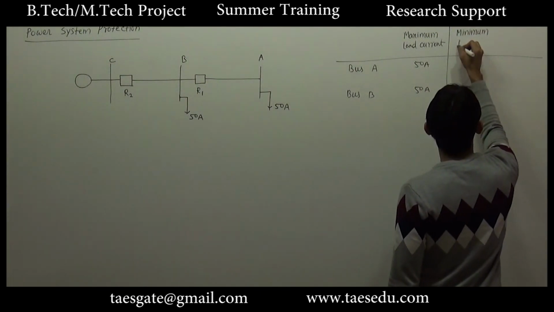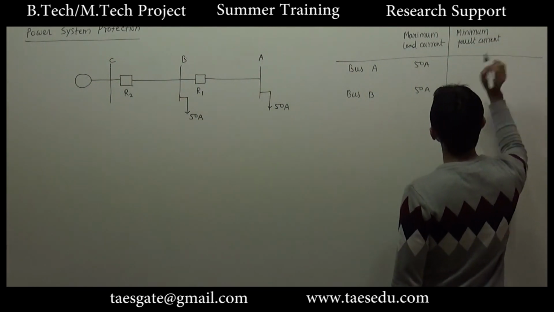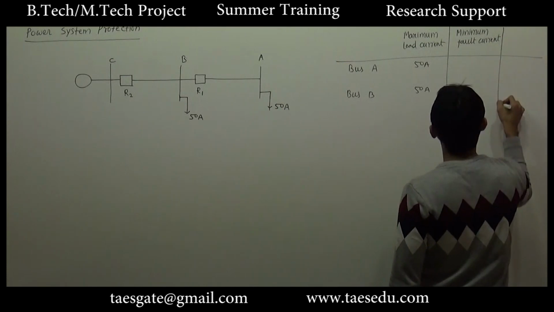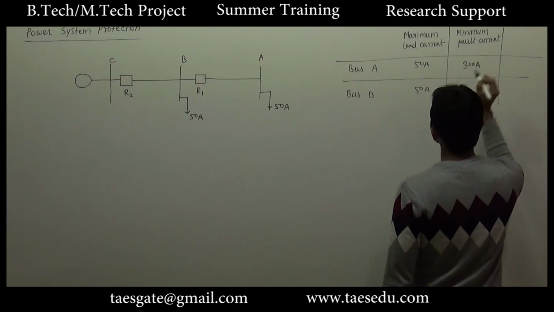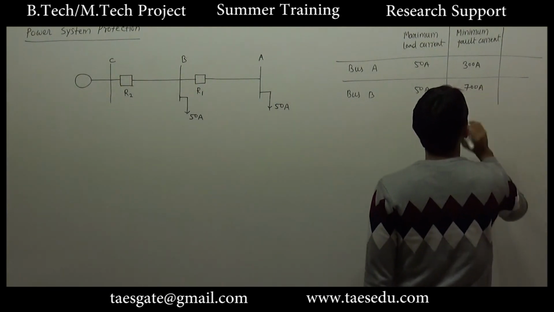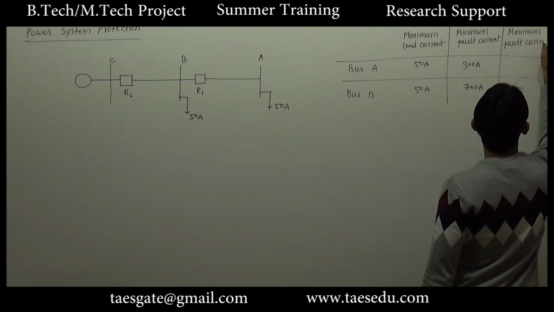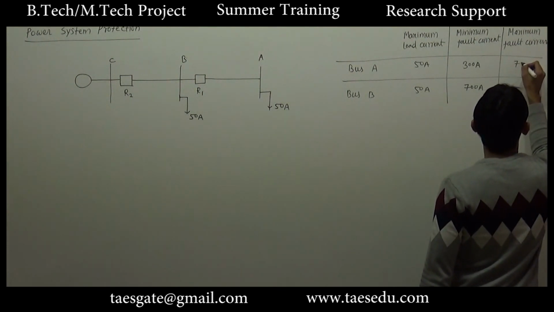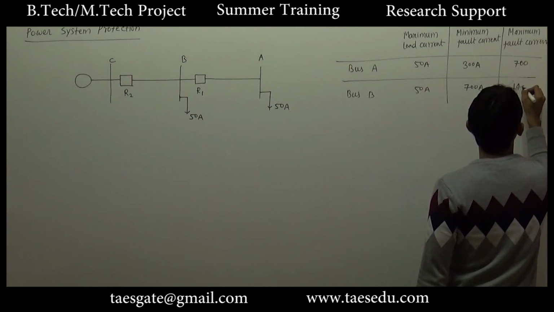Minimum fault current is, let's say for bus A is 300 ampere and for bus B is 700 ampere, and the maximum fault currents are given as, for bus A it is, let's say 700 ampere and 1400 ampere.